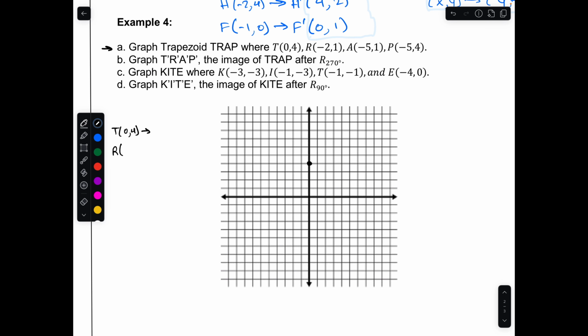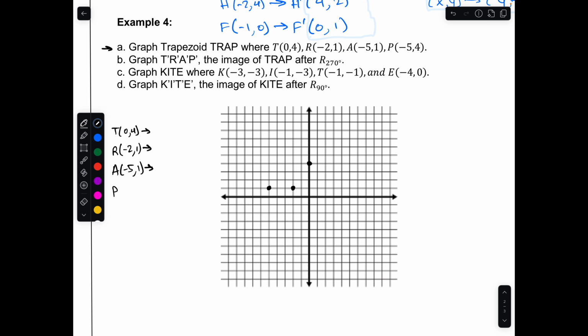And then R is at the point negative 2, 1. Let's plot that as well. Negative 2, 1. It's right there. And then we have A. Point A is located at negative 5, 1. So negative 5, 1 is right here.